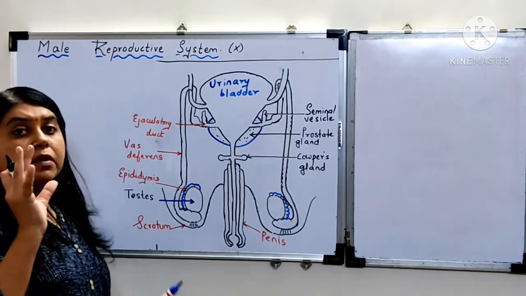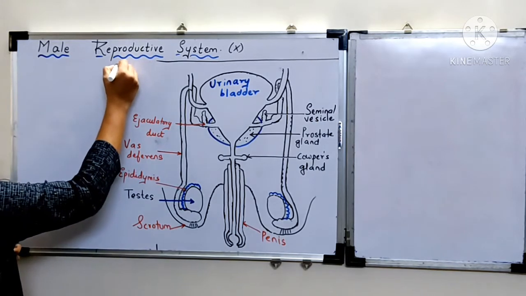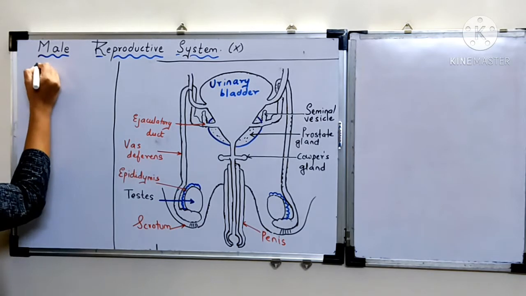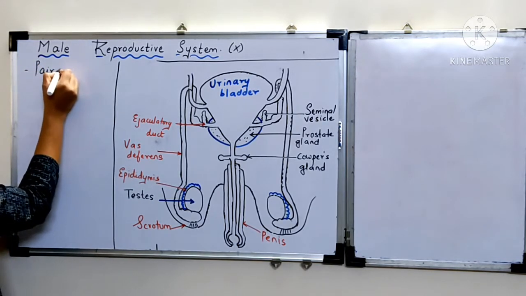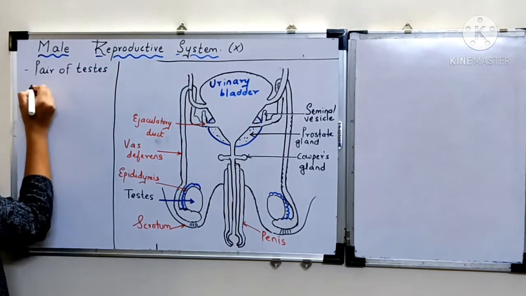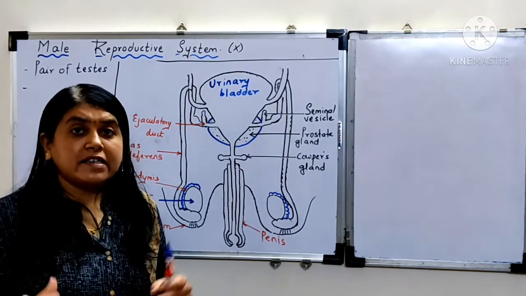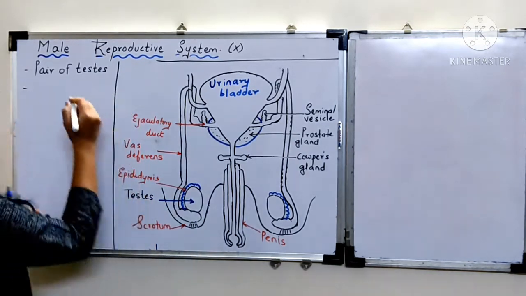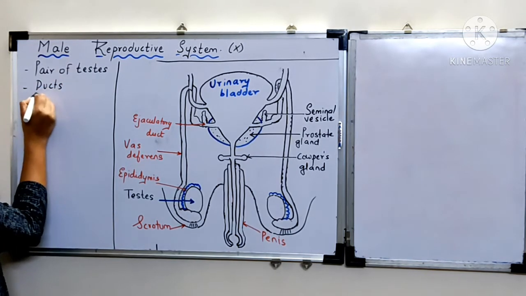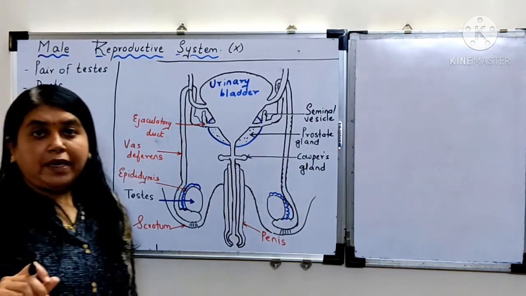First you will say that the male reproductive system consists of a pair of testes, it is a system of different glands and various ducts. So it consists of different ducts and glands.